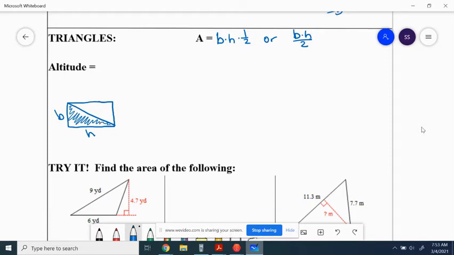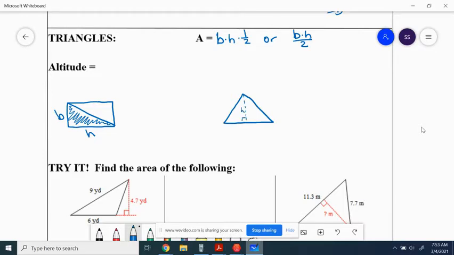So that's why it makes sense that area is equal to a parallelogram cut in half. And again, going through the height, you've got to be a little bit careful with height with triangles. Sometimes you'll have the height given to you in the middle here like this.